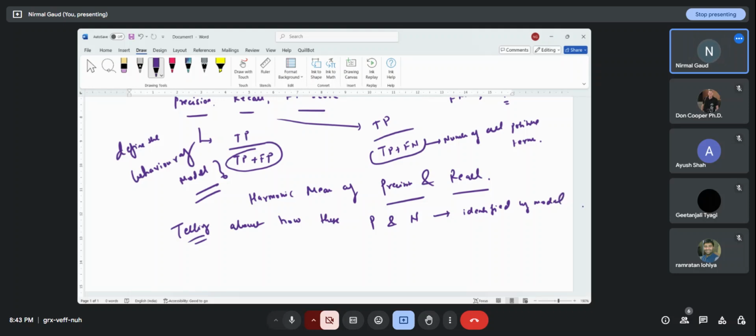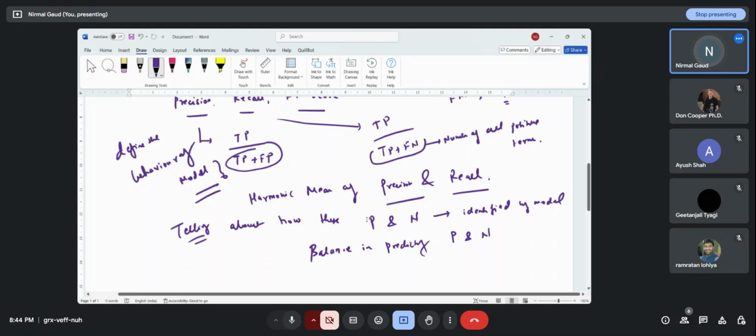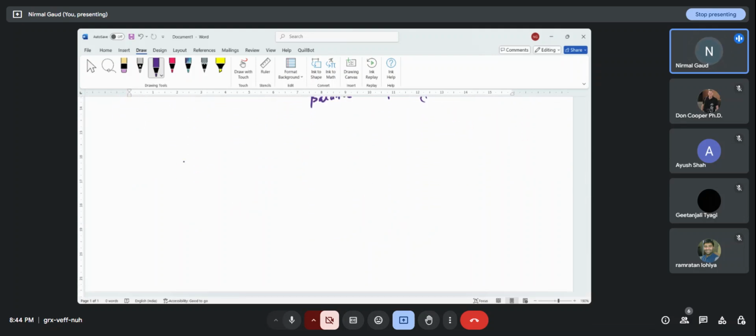That means whether your model is balanced in predicting P and N, because you will be making a classification report where precision, recall, F1 score is present for both outcomes.